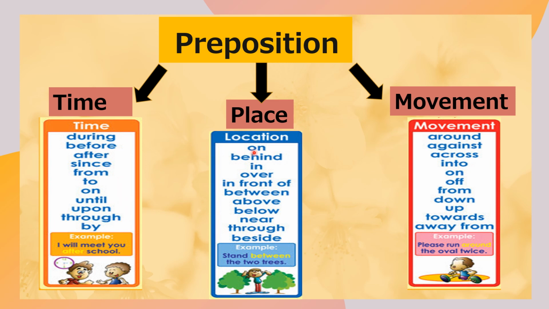Prepositions of place are on, behind, in, over, in front of, between, and many more. Prepositions of movement include around, against, across, into, on, off, and so much more. So let us discuss all these three one by one.